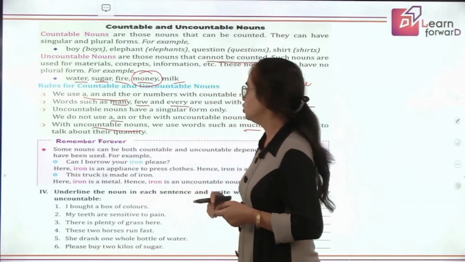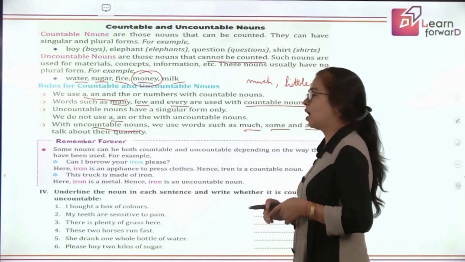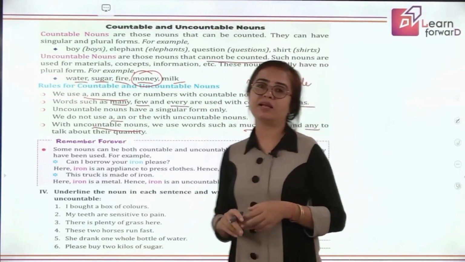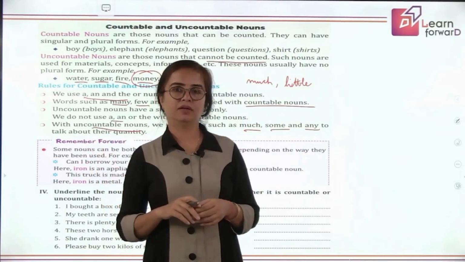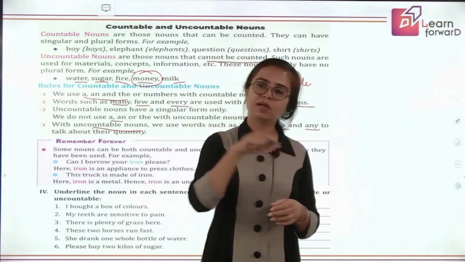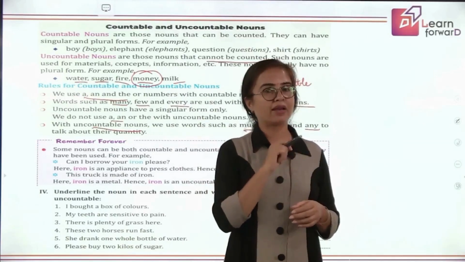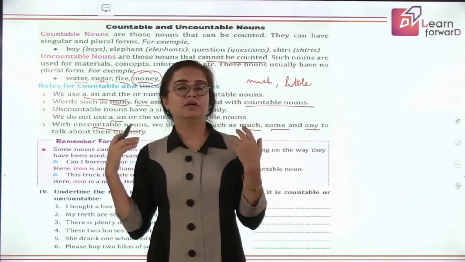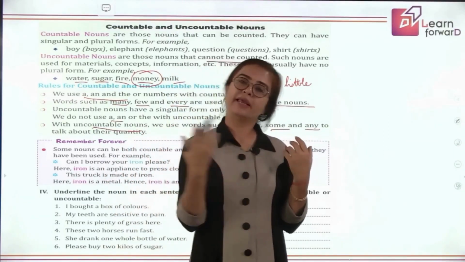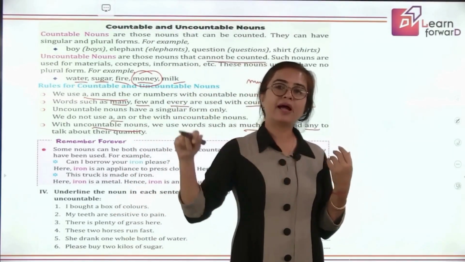Now, what you have to remember is, some nouns can be both countable as well as uncountable. The example given here is iron. Iron can be the thing used for ironing clothes, that is countable. I have one iron. The shopkeeper sold 10 irons today, right? So that is countable.